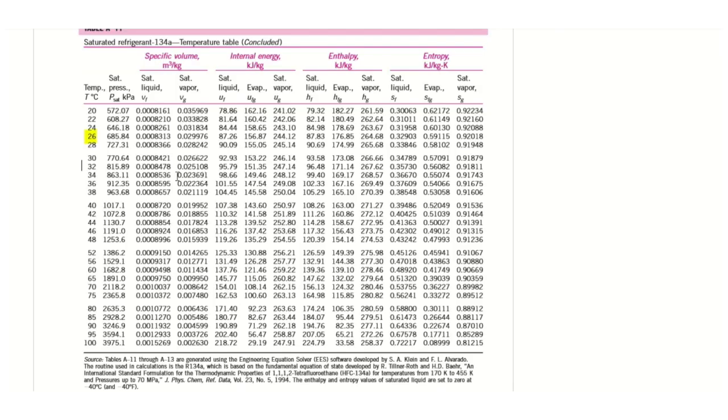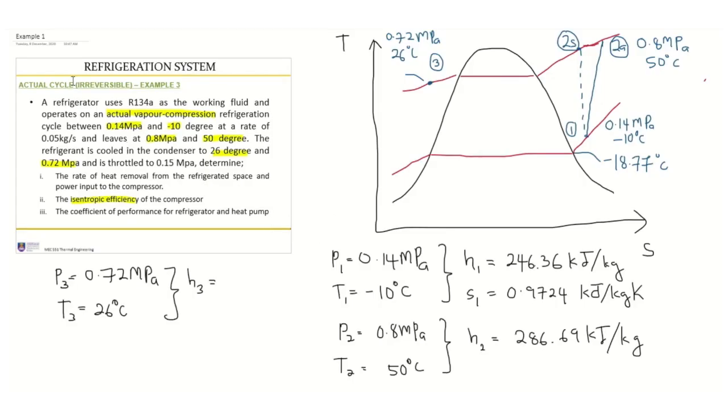So at 26 degrees C, it's going to be saturated liquid. So this value, 87.83. So H3 is 87.83.